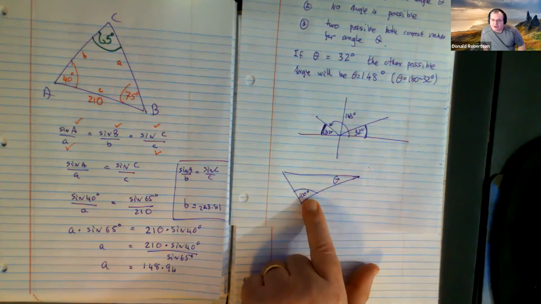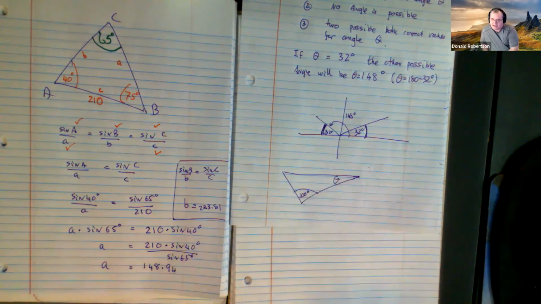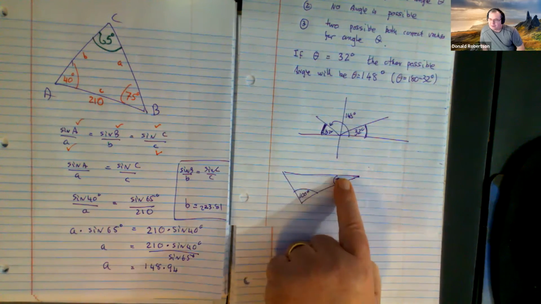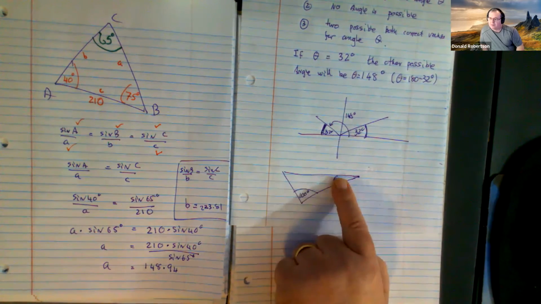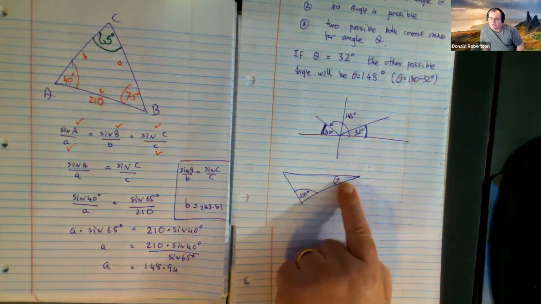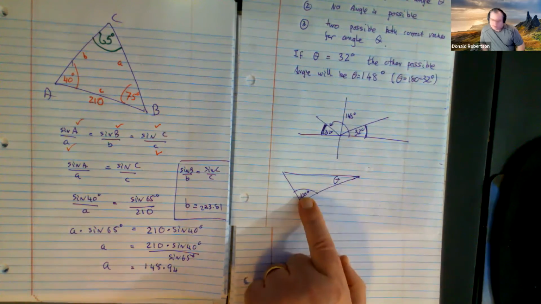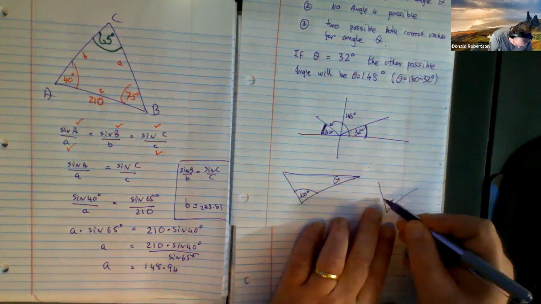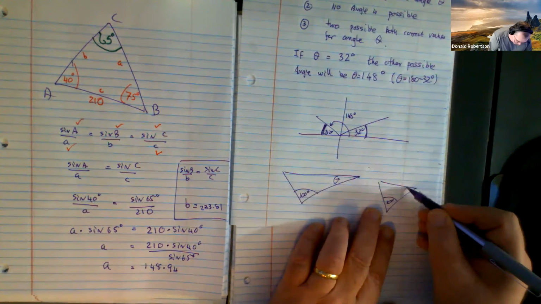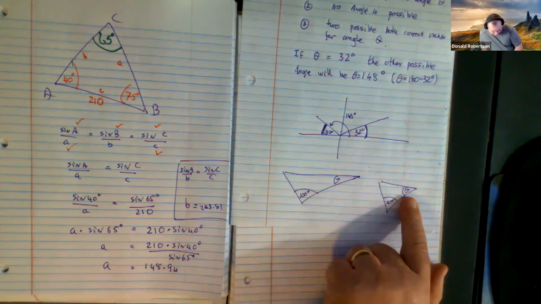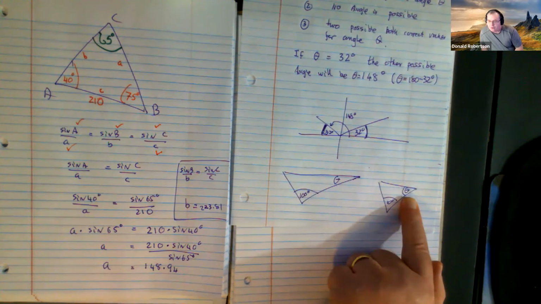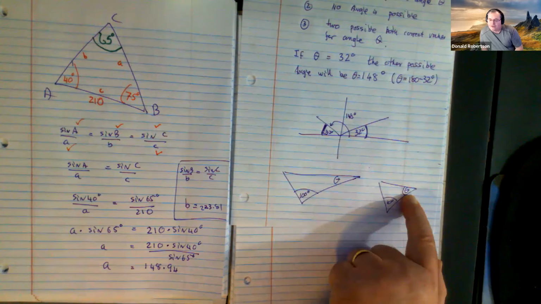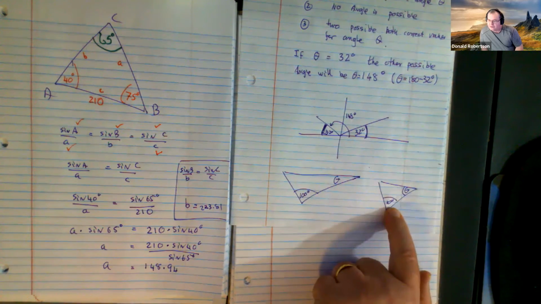Is there room in this triangle to get another 148? Well, if this is 100, can that be 148? Think about it. No, because wouldn't that be too big? Now, if you get a triangle where this is 10 degrees, that's already known, and you're trying to get theta here, 32 is always possible, but isn't it also possible that 148 could happen?